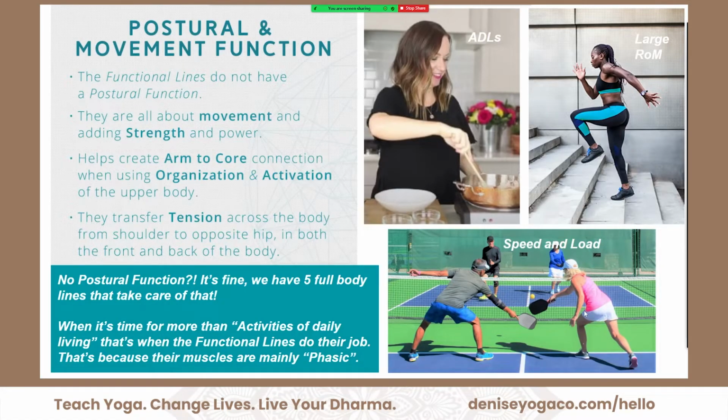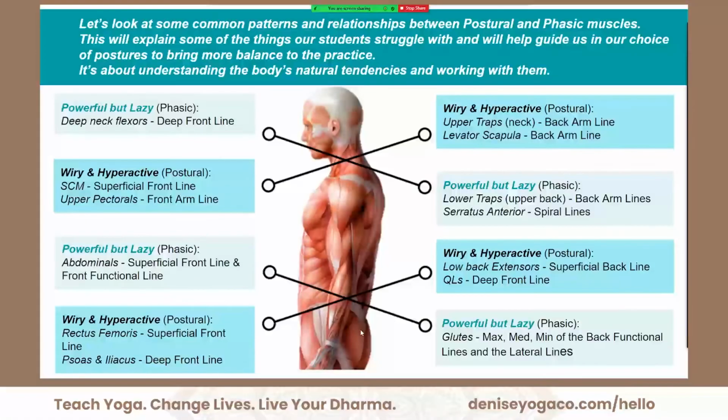So she's using her primary functional front line. So again, these lunging actions are fast acting, and, getting a ball, hitting a ball, that's fast acting. So, those are things that would ask for your functional lines to kick on. So let's look now at phasic and postural.